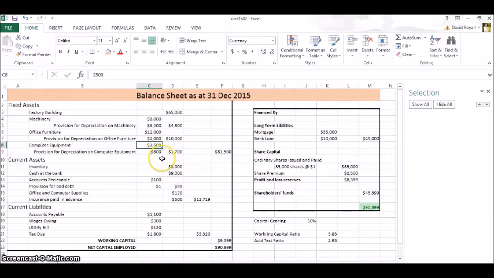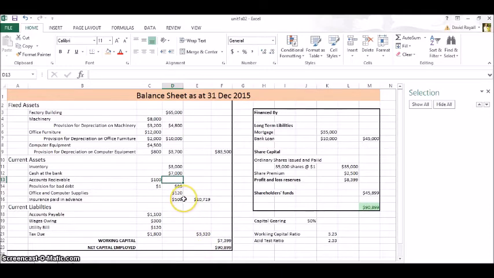So our computer equipment is now, say, for argument's sake, 4,500. That's an extra 2,000 we spent on the computer, which means we've got only 7,000 left in the bank. We're still in balance.